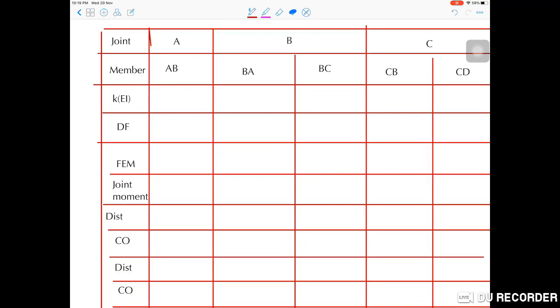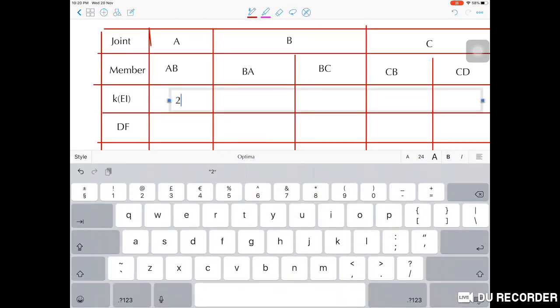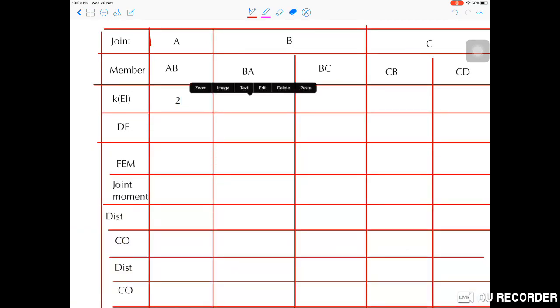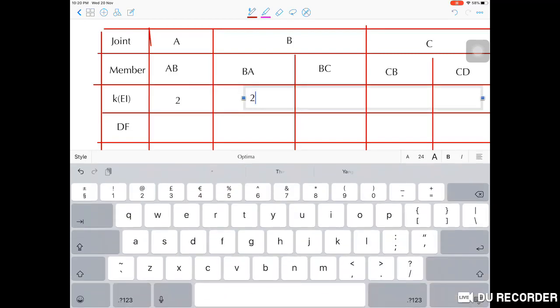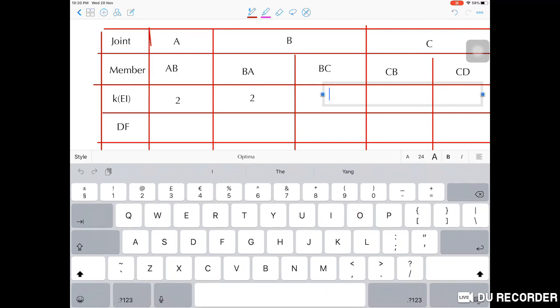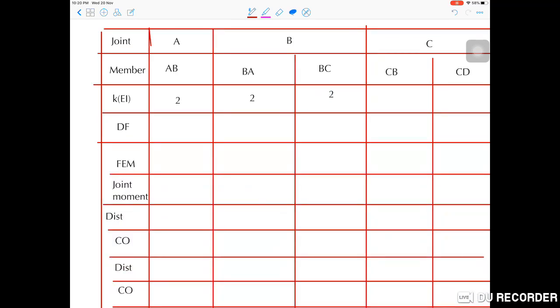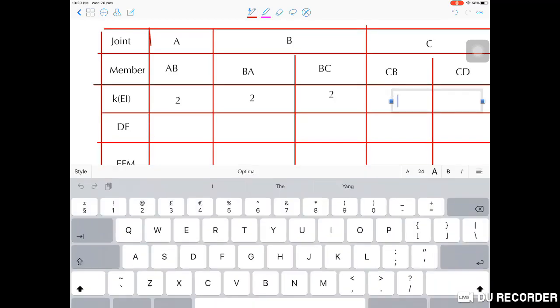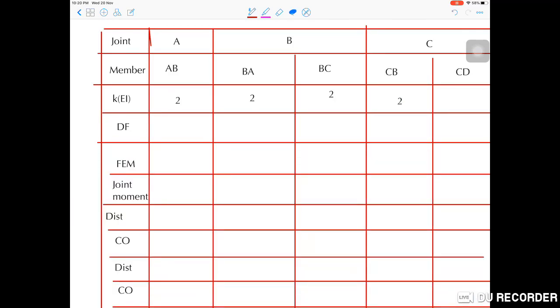The K value is 4EI over L. We don't need to calculate EI for a cantilever end, for a member with a cantilever end.